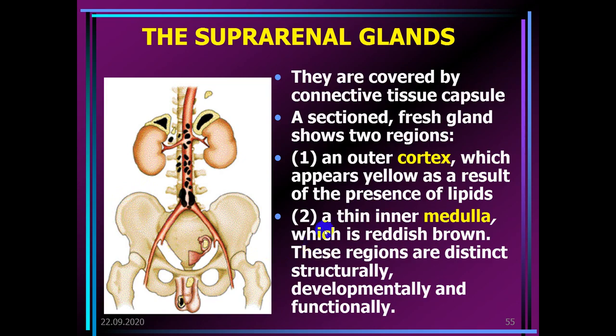You can see the pelvic bones, the kidney, and on top of the kidney is located the adrenal gland or suprarenal gland. This gland on section has an outer portion, called the cortex, and an inner component, the medulla.